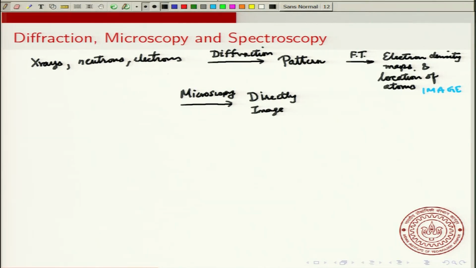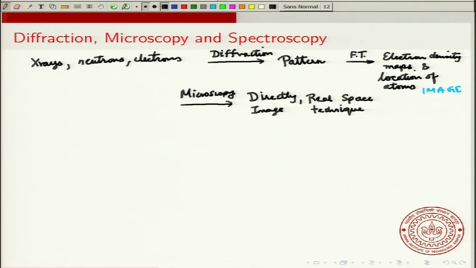You do not have to take a pattern and do some sort of Fourier transform. You directly get the image. So, in a sense it is a real space technique. That directly helps you locate atoms, and if you use a very accurate microscopy, you can directly locate atoms.